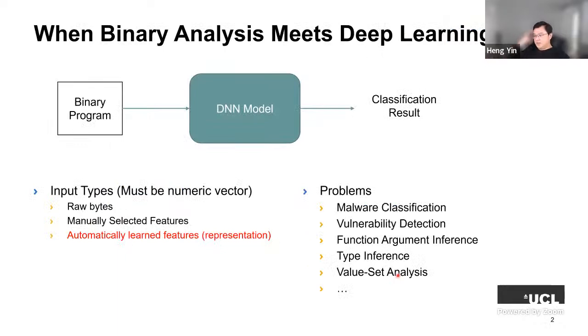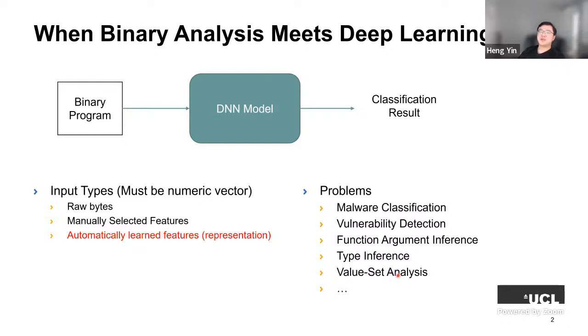As we can observe over the past few years, there's a surge in applying machine learning or deep learning to different binary analysis tasks. Here I just draw a very simple diagram to show how it works.